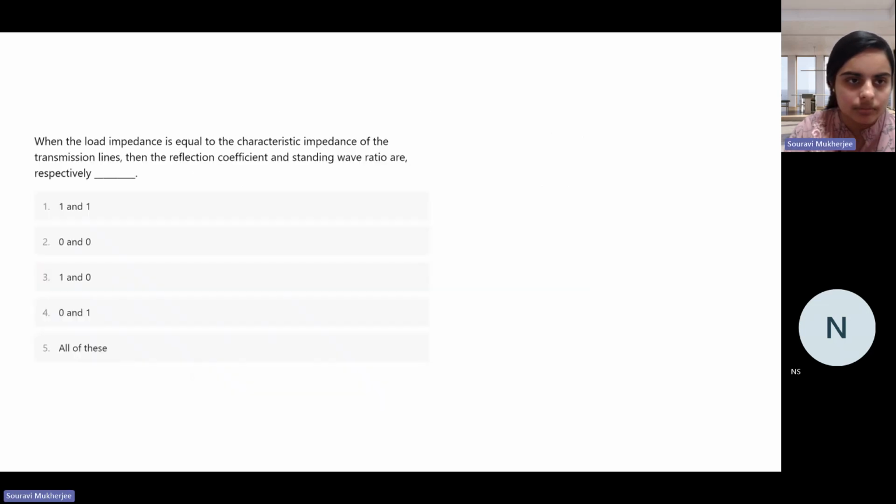Okay, so now this is another question which says that when the load impedance is equal to the characteristic impedance of the transmission line, so that means ZL is equal to Z naught, then the reflection coefficient and standing wave ratio are? This is a standard or fundamental question.